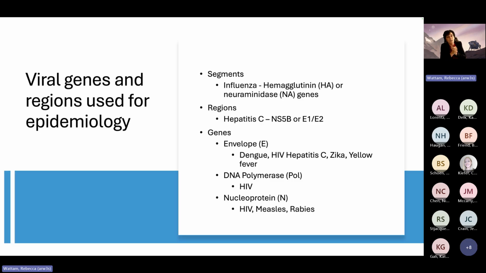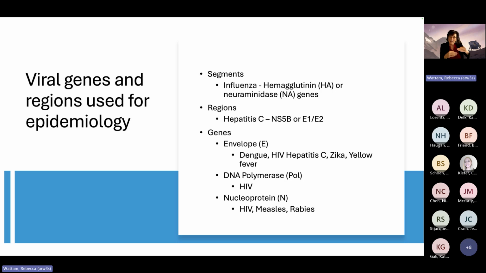So when you get into viruses, we already talked about whole genomes. You can use segments, specific regions, like a region within a segment, and then individual genes. And this is very organism specific. So pay attention, because you may be confused: when you look at influenza, in the first one, segments, it says hemagglutinin and neuraminidase genes.